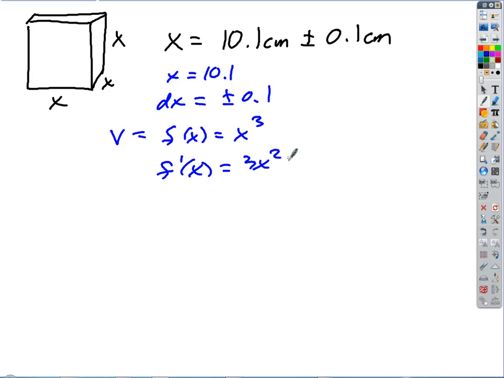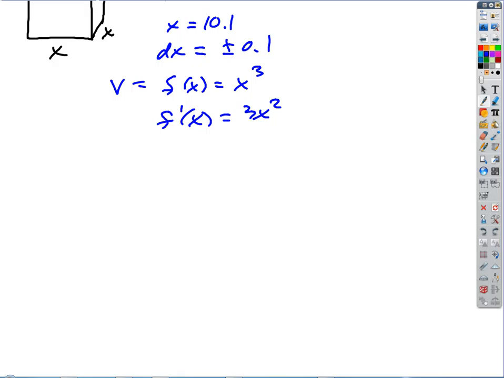3x squared. Okay, and so all we need to know then, if we want to know what is the relative error in calculating volume, what's that going to look like? What's the definition of relative error again?